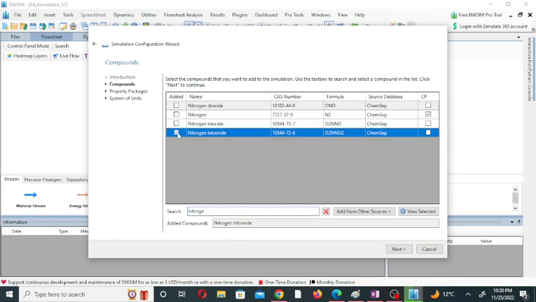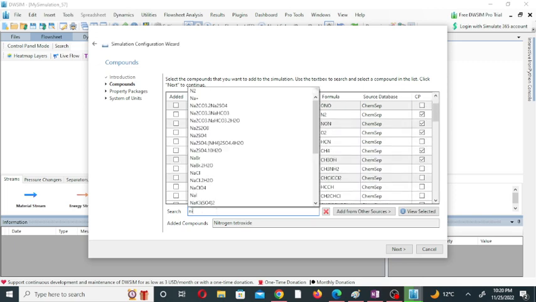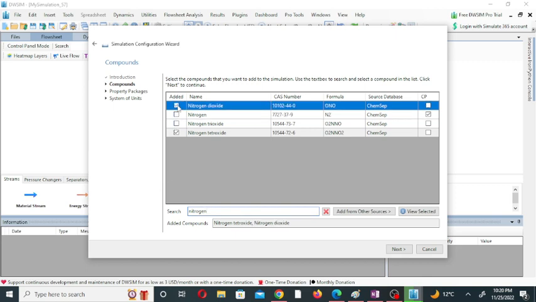Click on this one, and now add the other component, nitrogen dioxide. This is nitrogen dioxide, NO2.